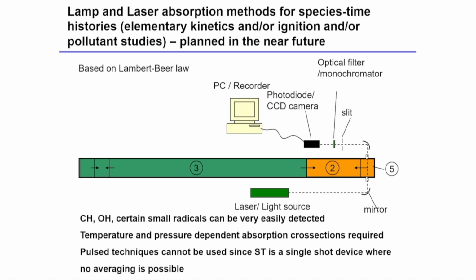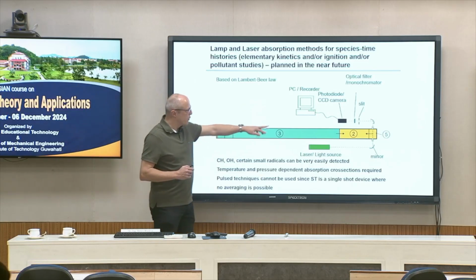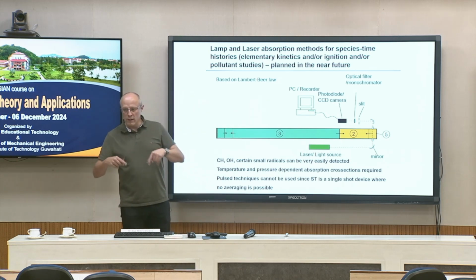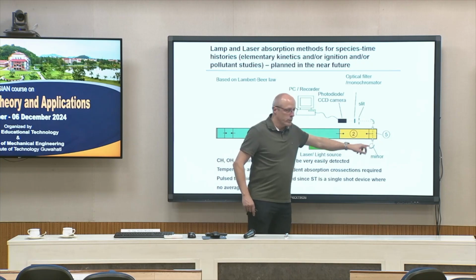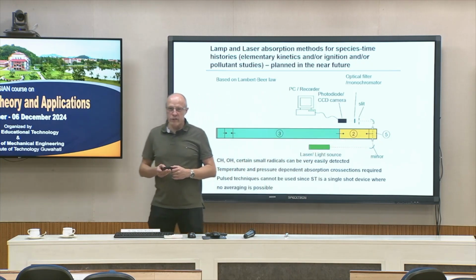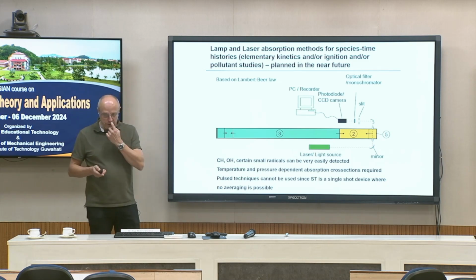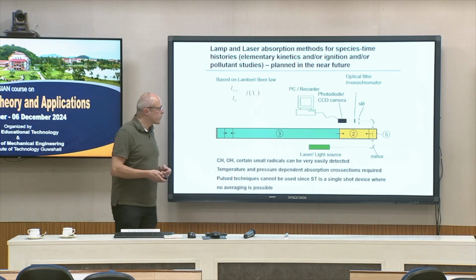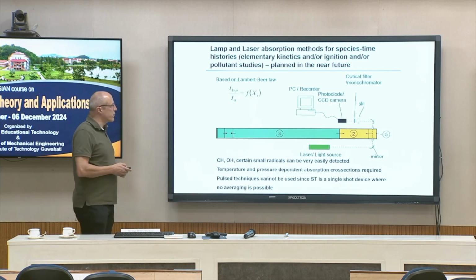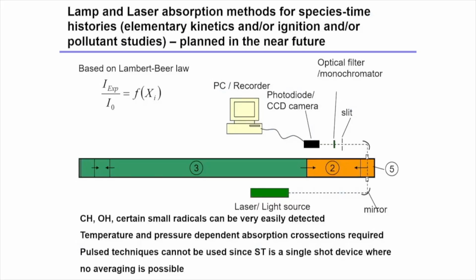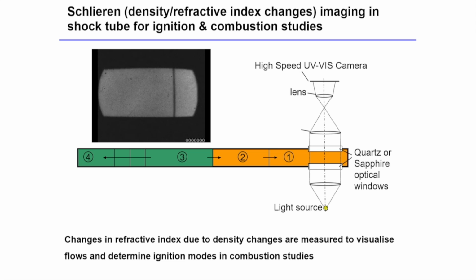So when we have a laser with a well-known wavelength, and we know there's absorption from a specific molecule at this wavelength, we can use this laser, measure the absorption, and then, as we know the distance here, we can calculate the concentration, the amount of interesting molecules in this area. So this is a function, the ratio of the light intensity is a function of mixture composition, but also of course pressure and temperature.